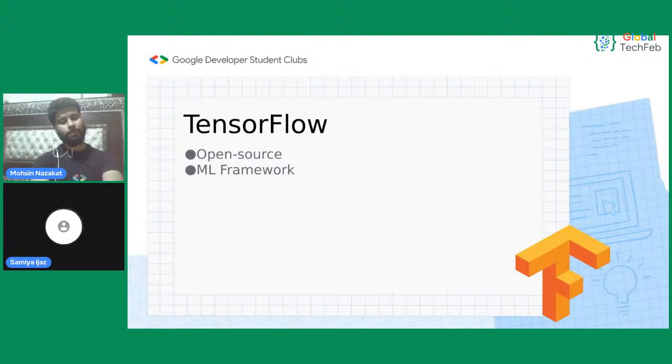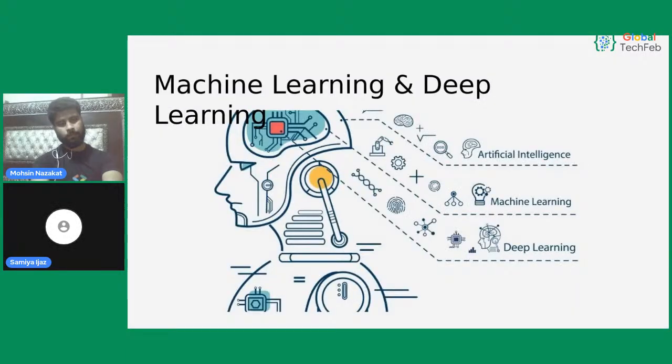So, what is TensorFlow? TensorFlow is an open source machine learning framework created by Google to design, build, and train deep learning models. Here I used two terms, machine learning and deep learning. So, what exactly are machine learning and deep learning? Machine learning is an application of artificial intelligence that provides systems the ability to automatically learn and improve from experience.